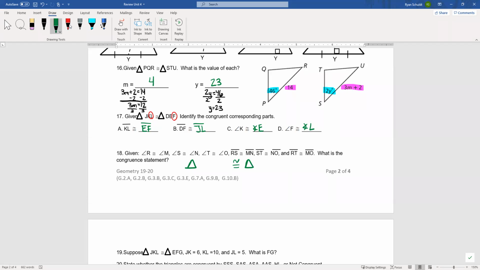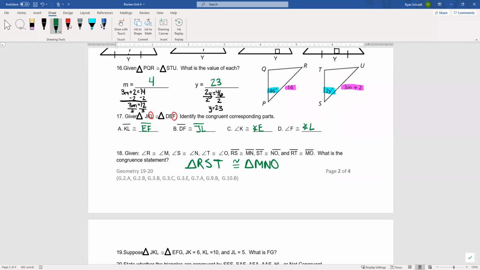So R is congruent to M. So in both spots, R and M, I'm going to put first. S is congruent to N. And then T is congruent to O.